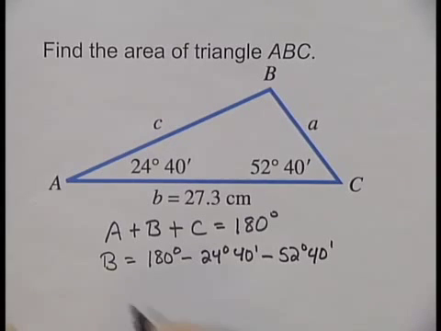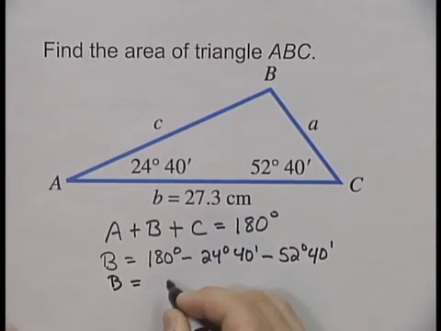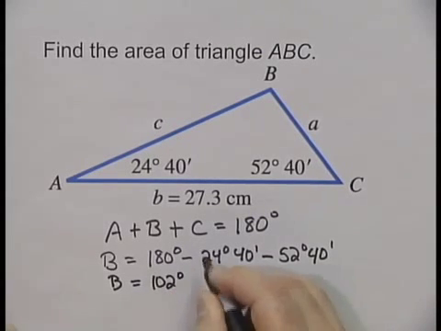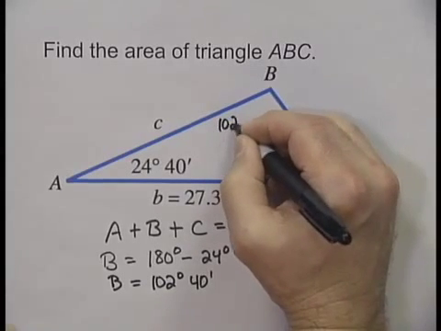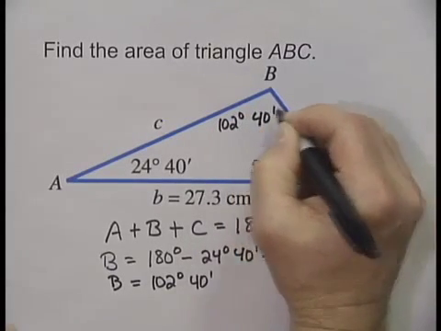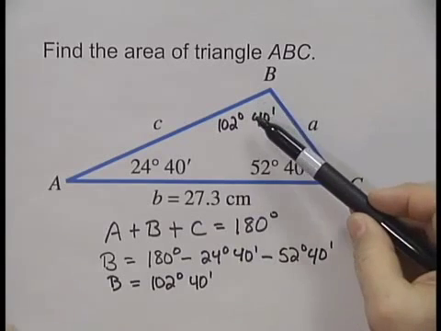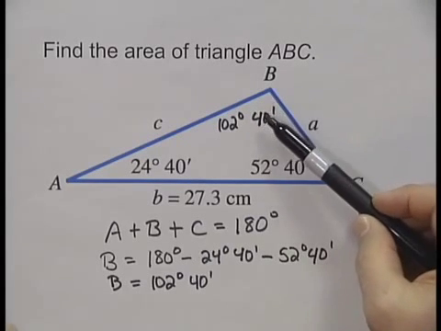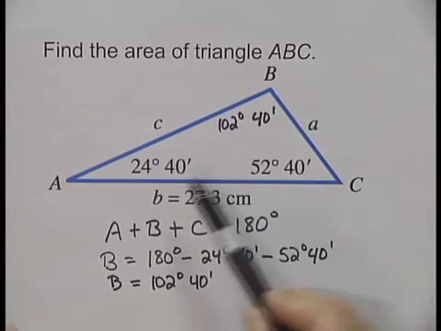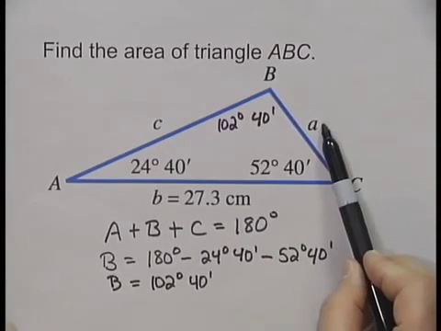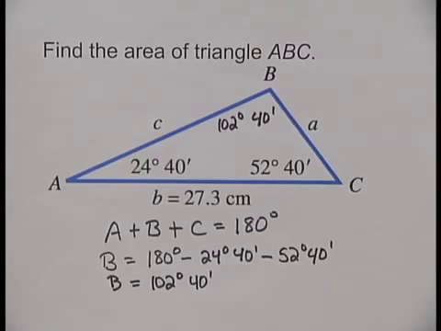And simplifying, we find that angle B is equal to 102 degrees 40 minutes. Now we can use the law of sines because we have an angle and the side opposite it. We know the angle here, and we want to find the side opposite it.